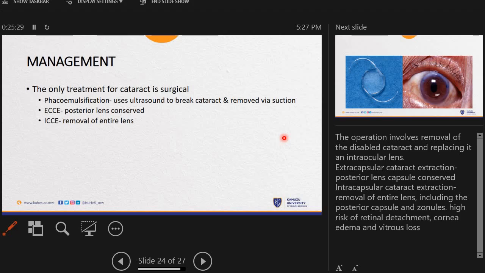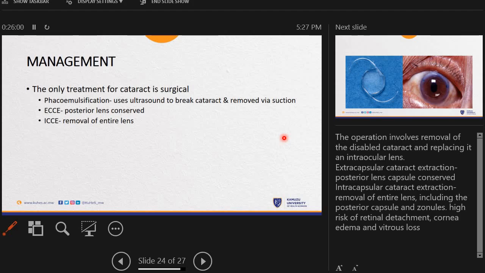With the surgical options that are available, you can perform phacoemulsification, which uses ultrasound to break the cataract, and it is removed via suction. Also, you can perform an extracapsular cataract extraction, where the posterior lens capsule is conserved.